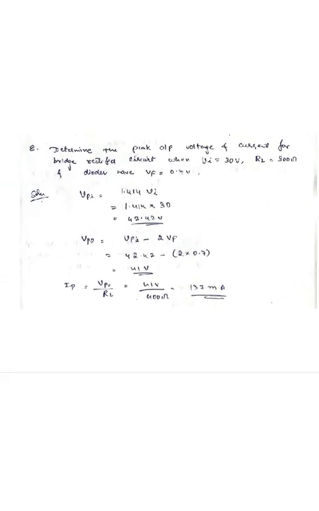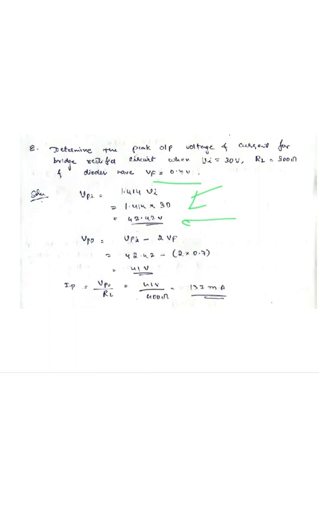Next, determine the peak output voltage and the current for the bridge rectifier circuit when VI is 30 volts, RL is 300 ohm and the diodes have VF equal to 0.7 volts. VPI is equal to 1.414 VI. We know VI is 30, so VPI is 42.42.